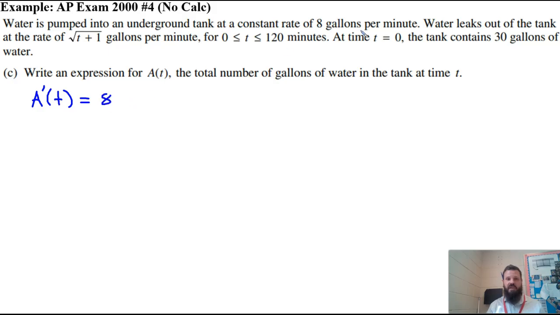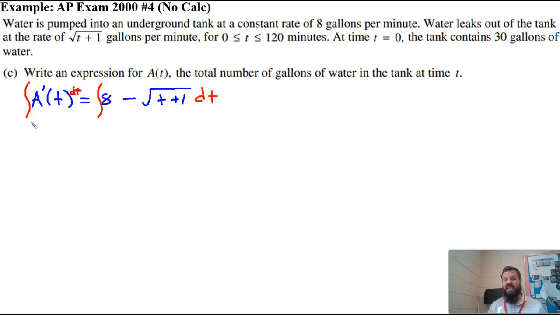So 8 for the gallons per minute coming in, minus square root of T plus 1 for the gallons coming out. All right, and the way I'll get from here to A of T as opposed to A prime of T is we'll just integrate both sides. I suppose technically I want to cram my d, whoops, we're not talking x, we're talking t, in on both sides.